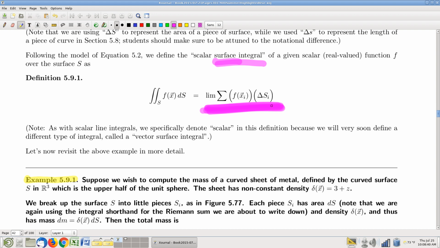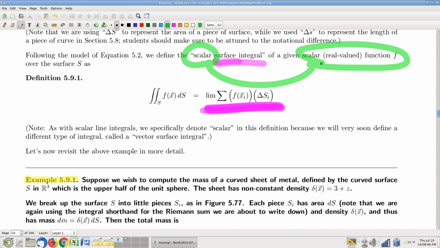Okay. Again, I'm going to call this a scalar surface integral because there's a different kind of integral that has a different kind of integrand and a different kind of differential that are going to come along later. I don't want to talk about what that's going to be, but we'll need to distinguish between the two. So I'm going to call this a scalar surface integral. By the way, cultural point.